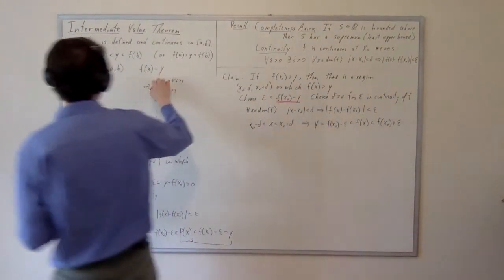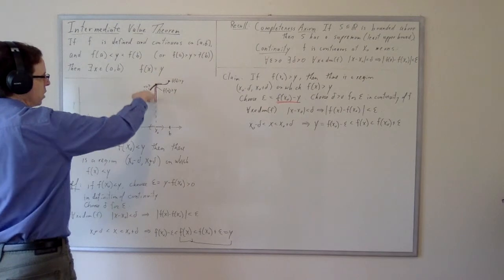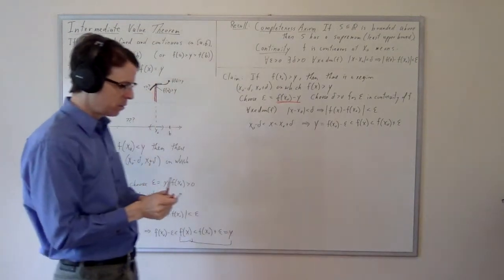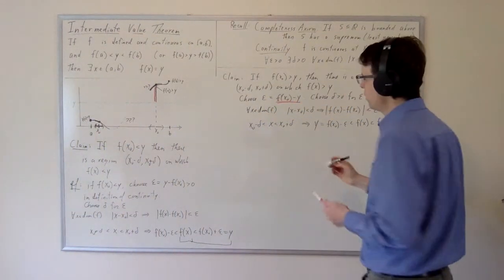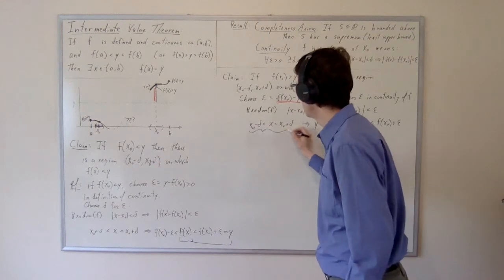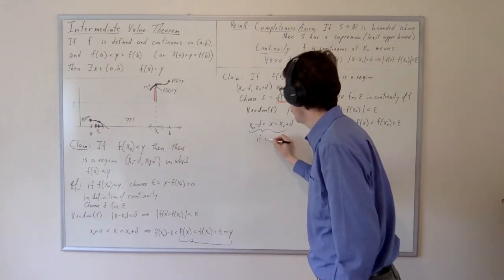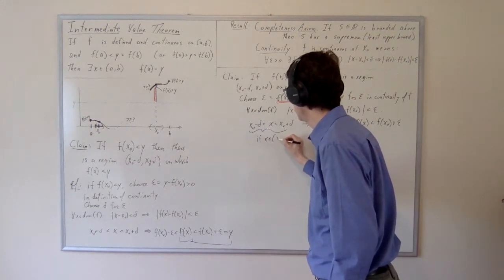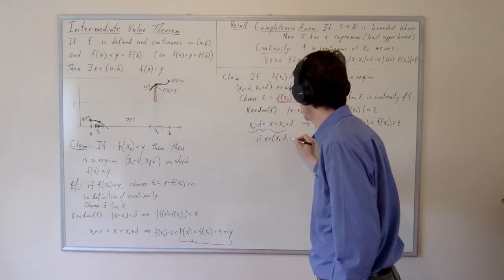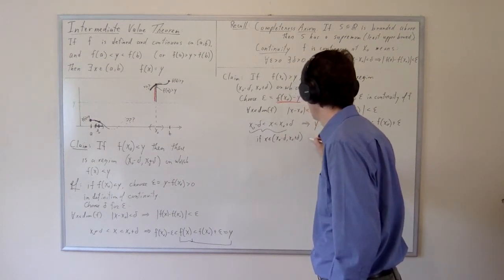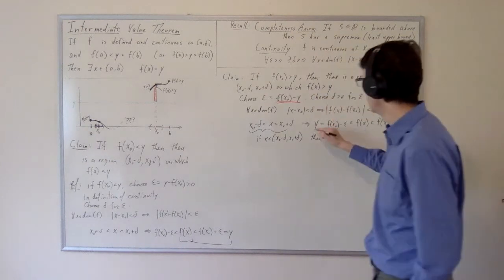So basically taking this height f of x naught and subtracting epsilon brings us back to this height of y. And so among other things, this tells us that if x is in this region, x naught minus delta, x naught plus delta, then what do we get?